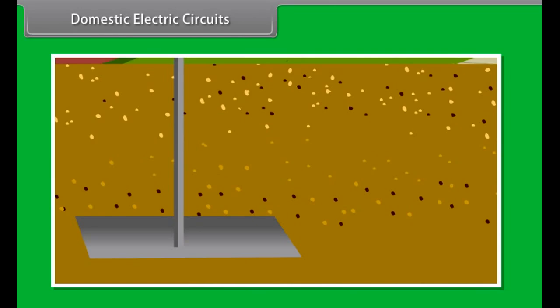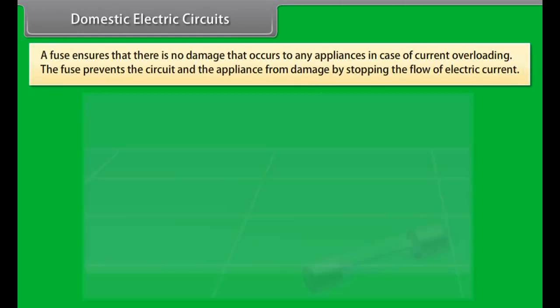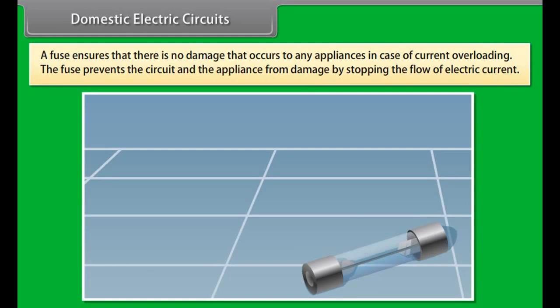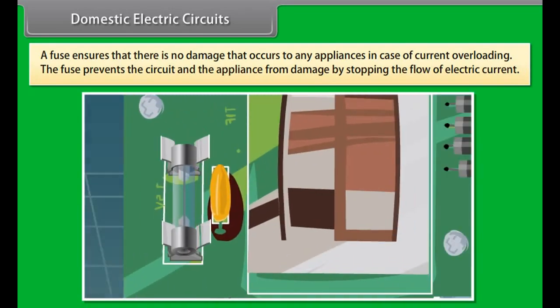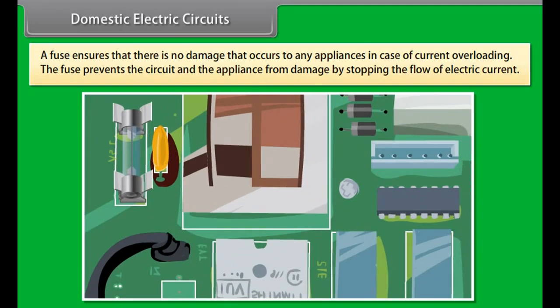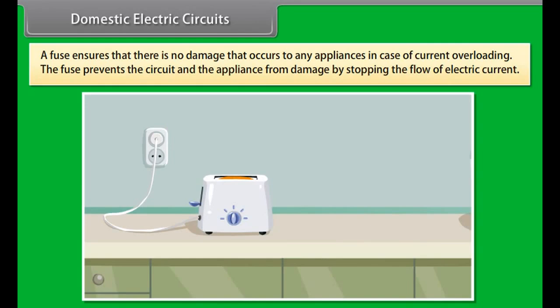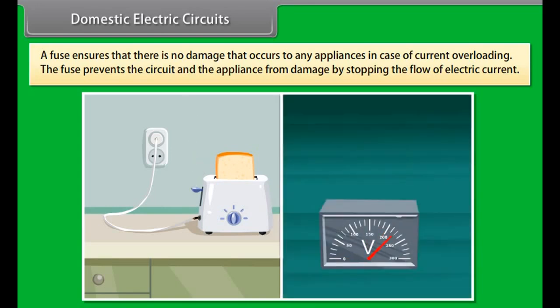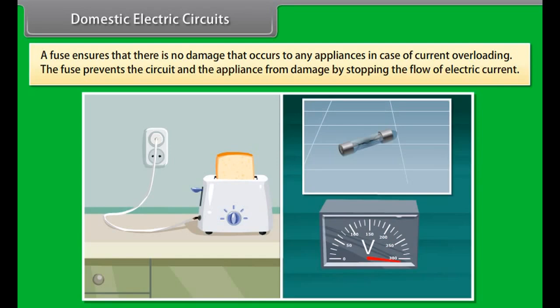The electric power line enters our house through three wires, namely the live wire, red, the neutral wire, black, and the earth wire, green plastic insulation. The live wire has a high potential of 220 volts and the neutral wire has 0 potential. Thus, the potential difference between the live wire and the neutral wire is 220 minus 0, which equals 220 volts.